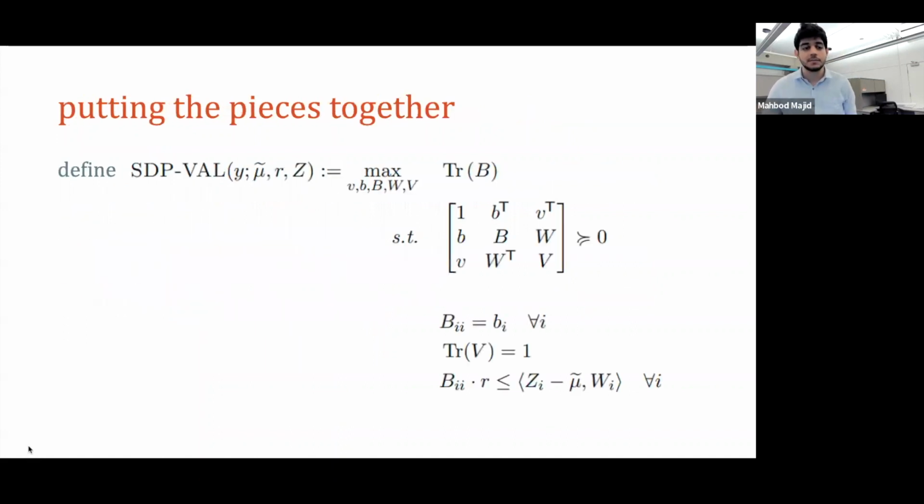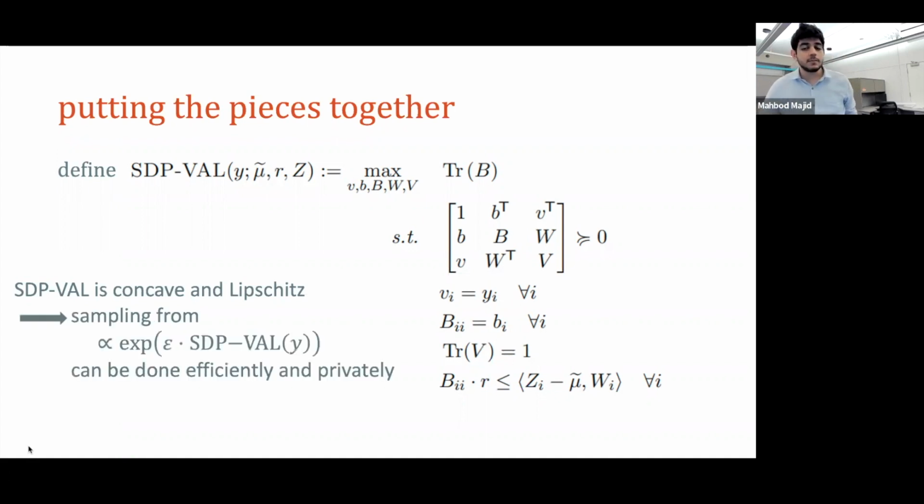So now let's see what's the final algorithm here. We define a score function for candidate point mu tilde, and over the set of directions that we can take, as follows. We use the same semi-definite program as before, with the additional constraint that V is equal to Y. Now, it can be shown that this score function for Y is going to be concave and Lipschitz. And therefore, we can sample from that efficiently and privately.